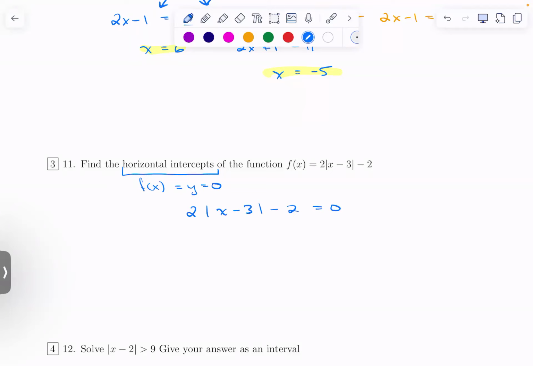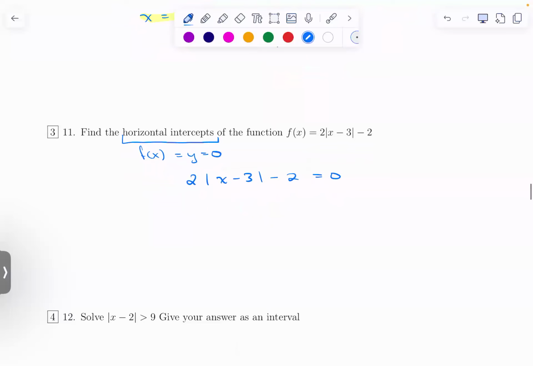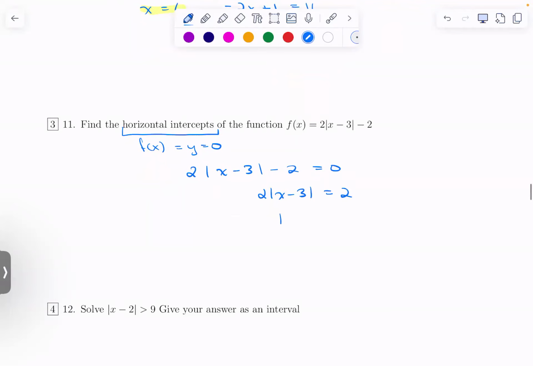Just like exponential and logarithmic functions, we need to isolate the absolute value before we can apply our split method. So I get 2 times the absolute value of x minus 3 is equal to 2, so the absolute value of x minus 3 is equal to 1.